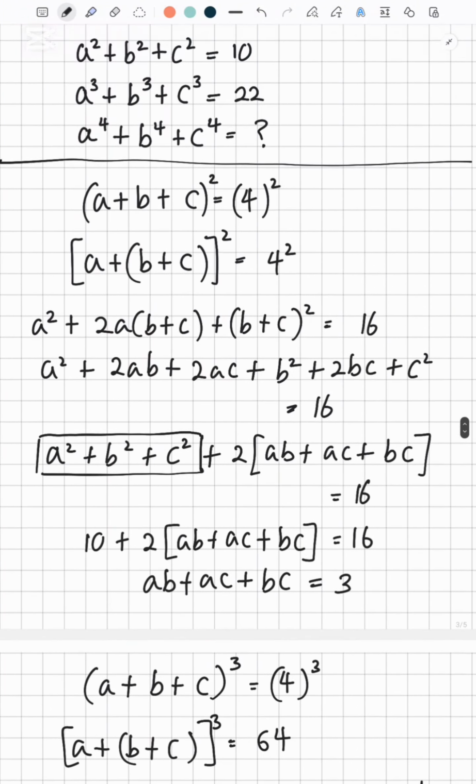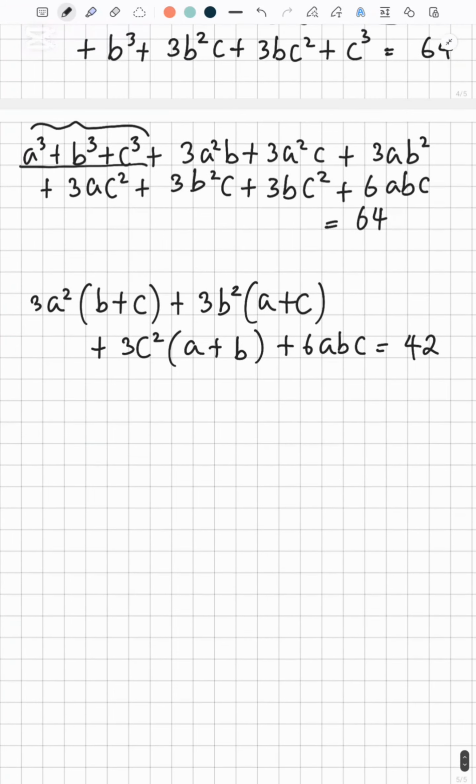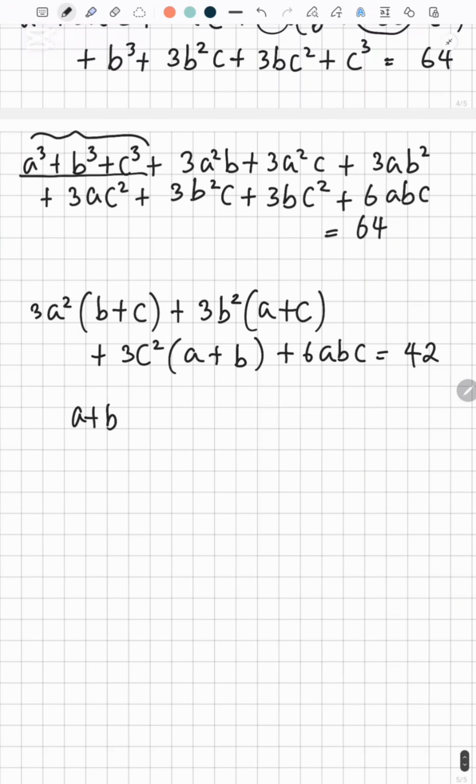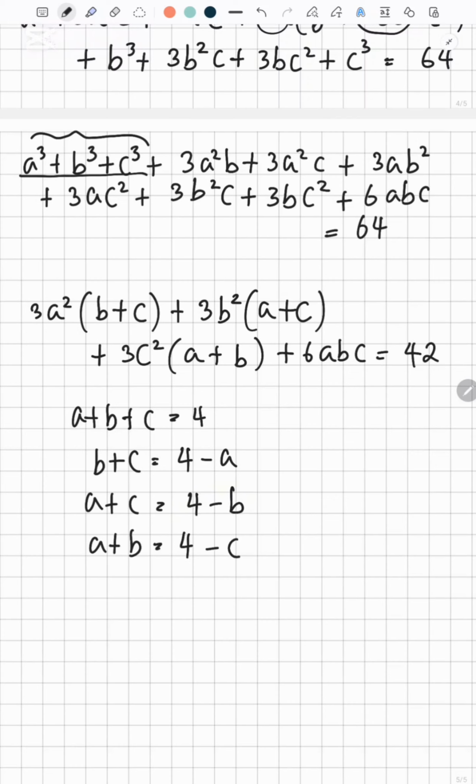Yeah. So now can you see? We had a plus b plus c equals 4, right? So can you see if you write b plus c equals 4 minus a, a plus c equals 4 minus b, a plus b equals 4 minus c, right? So you can put these substitutions instead.